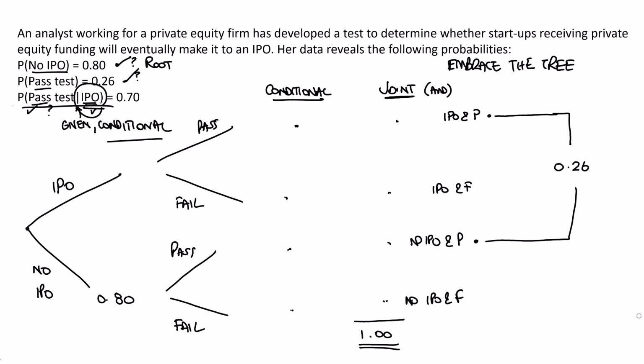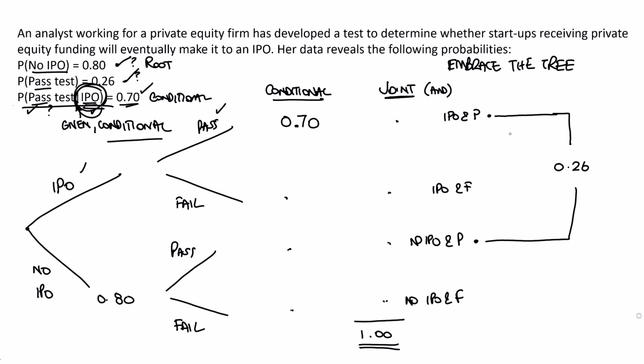Probability of passing the test given an IPO, that is my conditional probability of 0.7. Given an IPO means we have to be in this top branch. We passed the test, so it must be the pass given the IPO. That's this conditional of 0.7. I think I've used all the information I have.